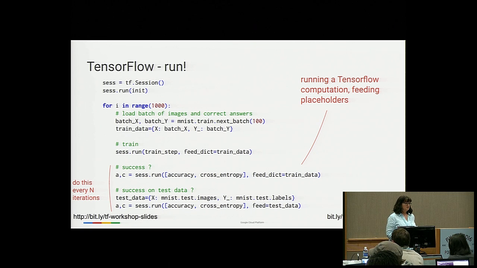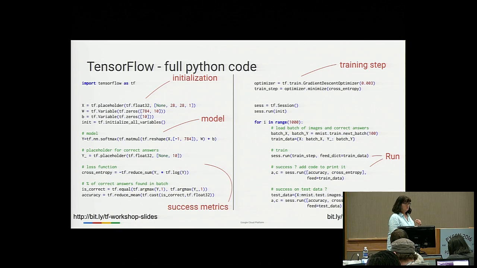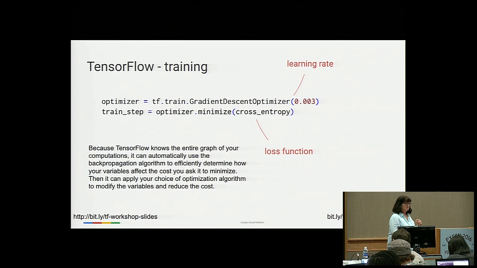And do some training. The crux of the training is just this line right here, session.run. So we're passing it the map that maps to our input placeholders, and we're saying run this training step, which, if you remember, was just this graph node here.